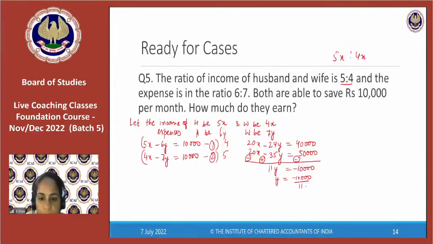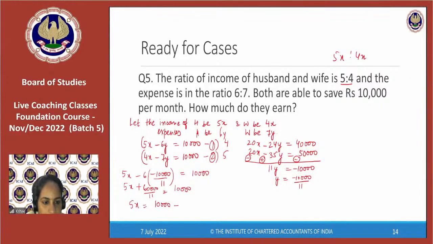So you get y as minus 10,000 by 11 and you substitute this y in any of the equations. So 5x minus 6 into minus 10,000 by 11 is equal to 10,000. Solve this. This becomes 5x plus 60,000 by 11 equal to 10,000. 5x is equal to 10,000 minus 60,000 by 11.